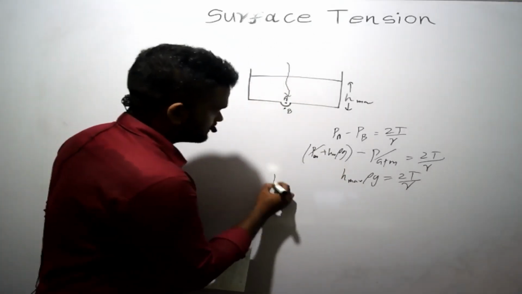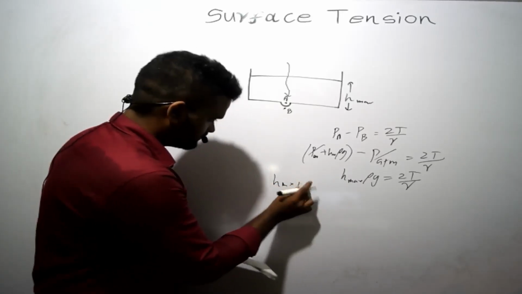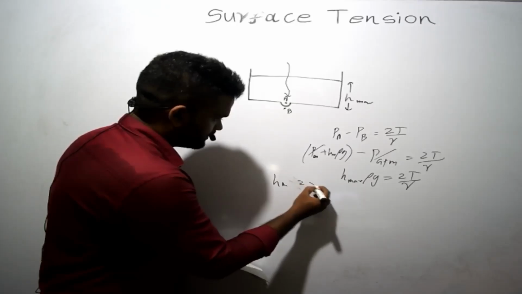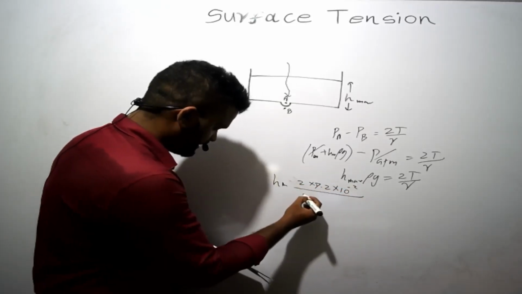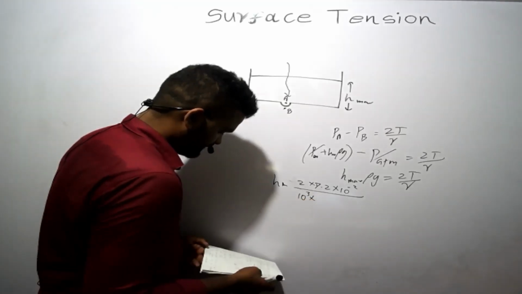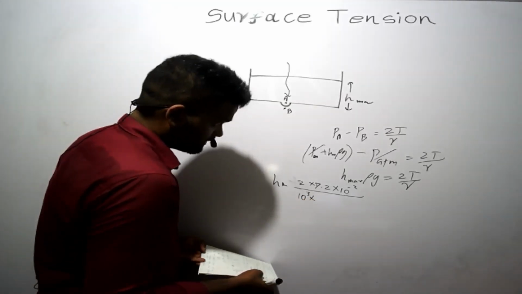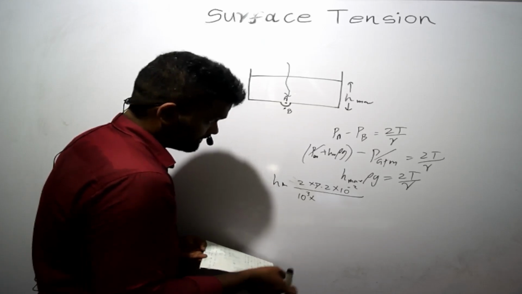Let's see. Two times 7.2 times 10 to the minus 2, divided by 10 to the power 3, 2T divided by r rho g, right?